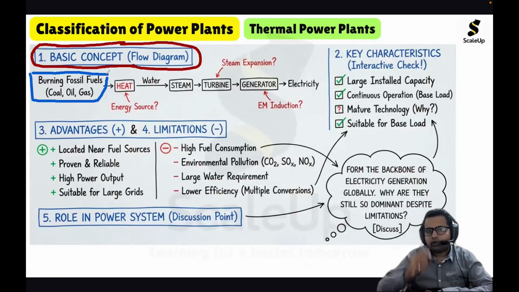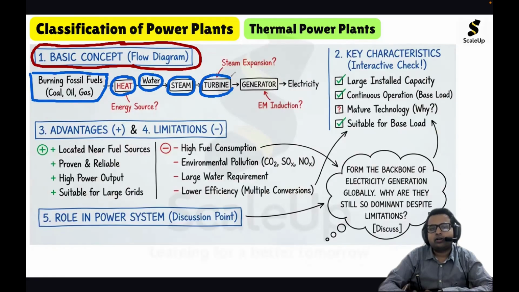When we burn the fossil fuel, heat gets generated, and that heat boils the water. Steam is generated, and that steam rotates the turbine. When the turbine rotates, because of electromagnetic induction, electricity gets generated. So we get electricity as the end product. This is how the thermal power plant works.